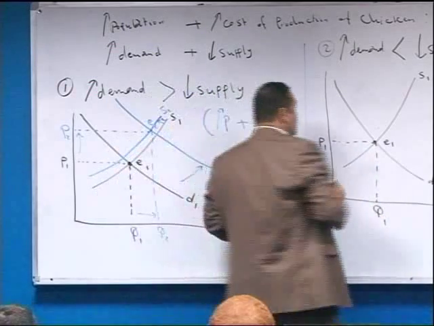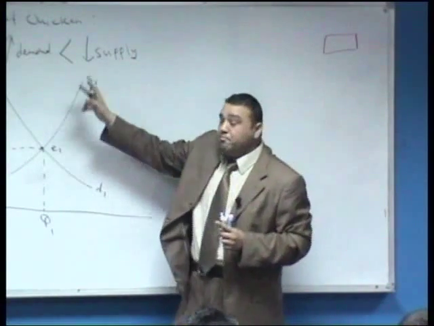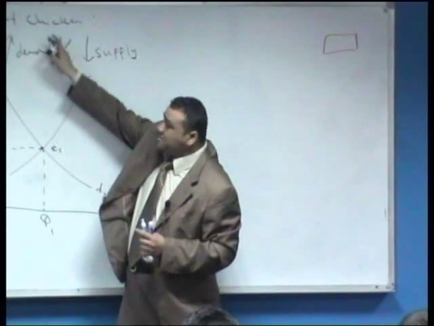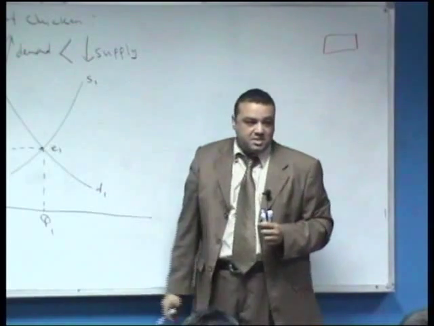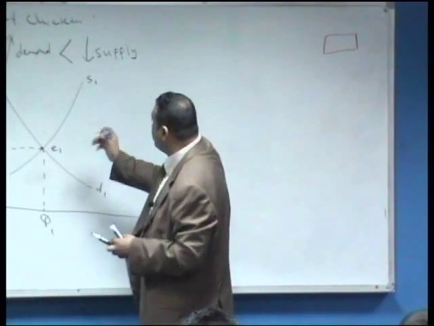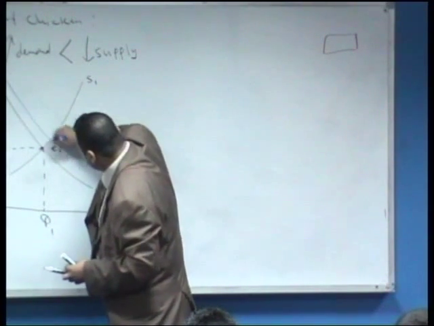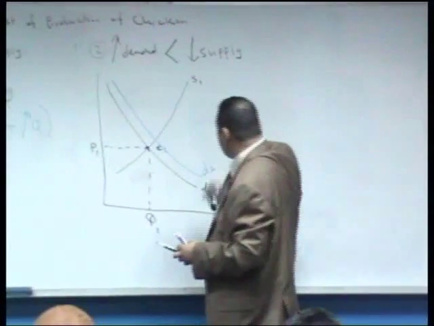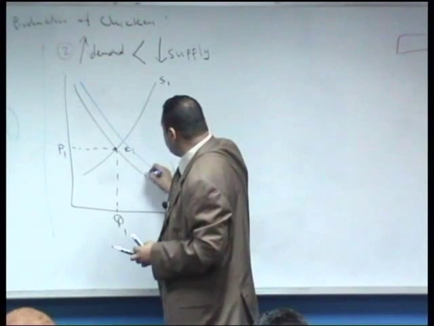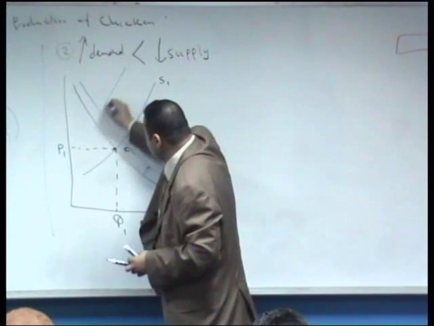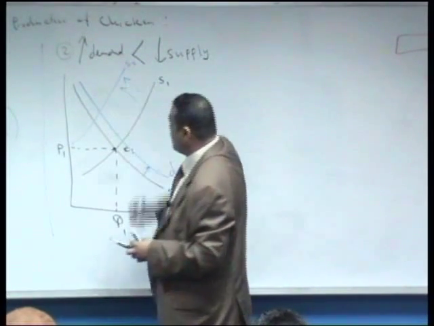The assumption is there is an increase in demand and a decrease in supply, but the magnitude of the increase in demand is smaller than the magnitude of the decrease in supply. So there is a rightward shift of demand by a small amount to D2, and a leftward shift of the supply curve by a larger amount. This is S2.